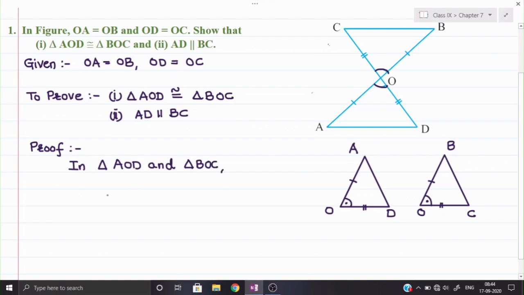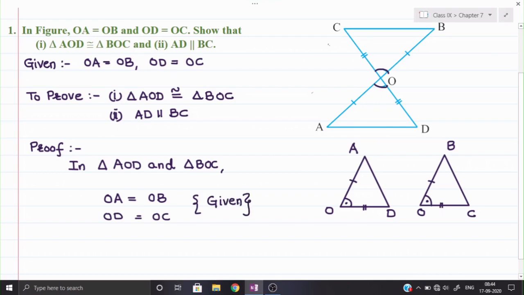First, we shall mention here OA is equal to OB. Second, OD is equal to OC. For both the equations, we can give a common reason, that is given.